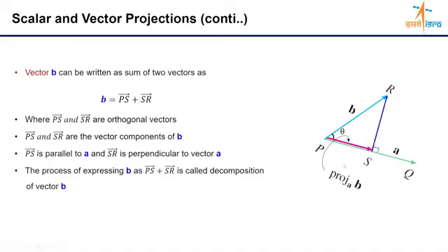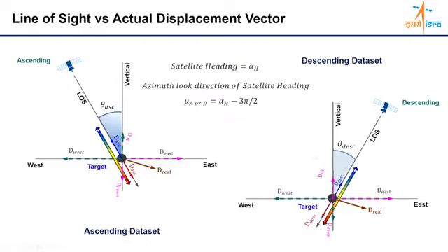Now if you come to InSAR processing, suppose we are investigating land deformation or land surface motion from InSAR analysis. What are we getting? We are getting the displacement of a particular target along the radar line of sight. Suppose the radar is here.